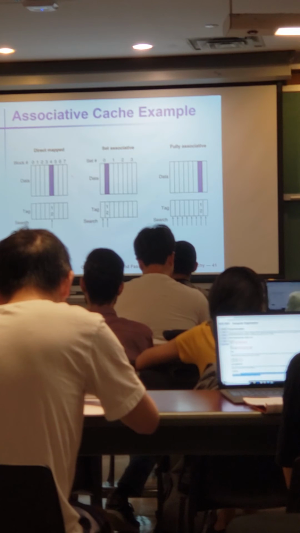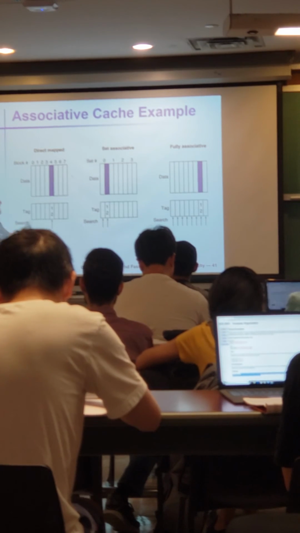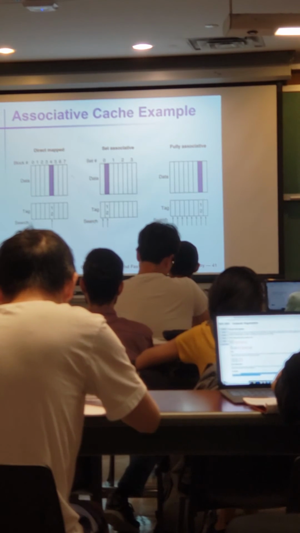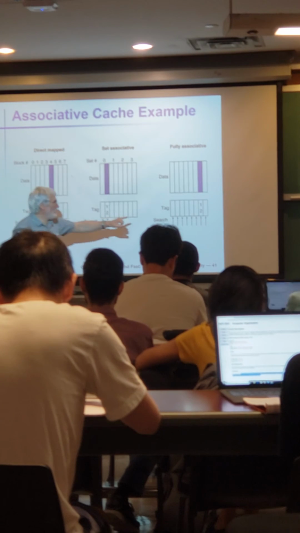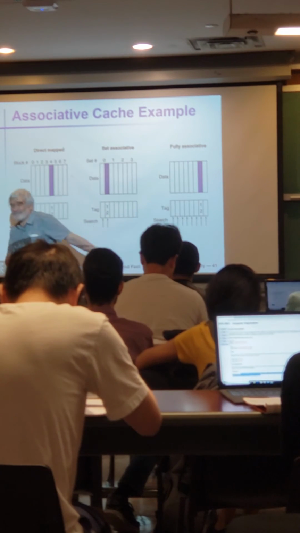So here are the 2 extremes: directly mapped that we discussed, and fully associative. So then it can be any element, right? So it means that you have to compare in parallel all the tags of all the entries.